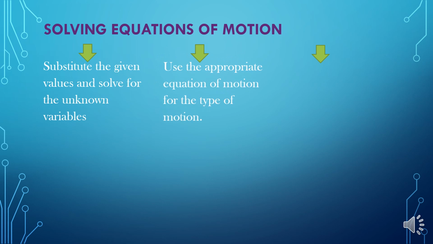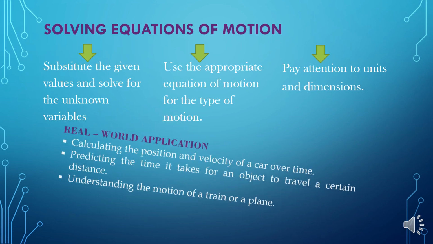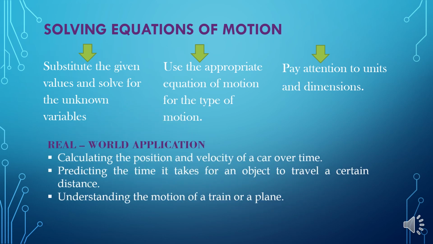Secondly, use the appropriate equation of motion for the type of motion. And thirdly, pay attention to units and dimensions. Units are very, very important in physics, so we don't joke with them.